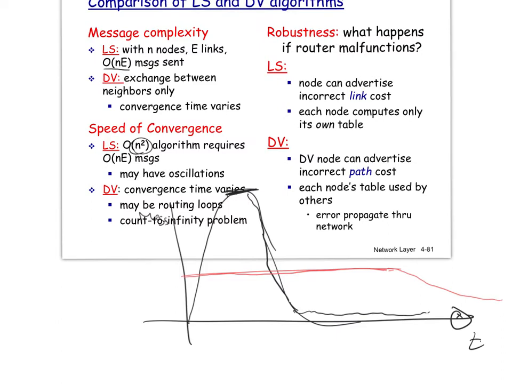Okay. So it turns out link state protocols are more resistant to these kinds of problems. Why? Because again, the incorrect link state will be flooded, right? And each node will have a link state database which might have one link with a wrong state, right? Okay, what is the effect of this?